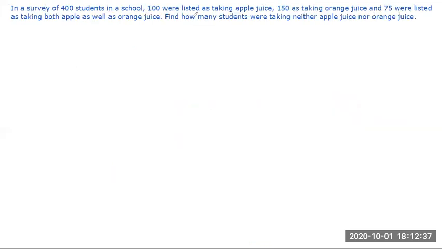It says, in a survey of 400 students in a school, 100 were listed as taking apple juice. We represent students taking apple juice by A, so this is 100. Those taking orange juice we consider as B, which is 150.